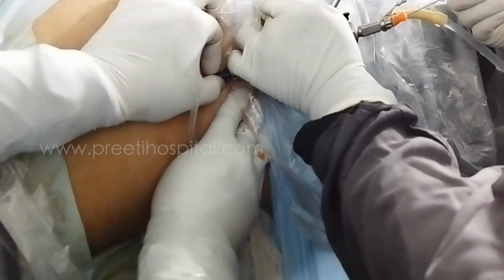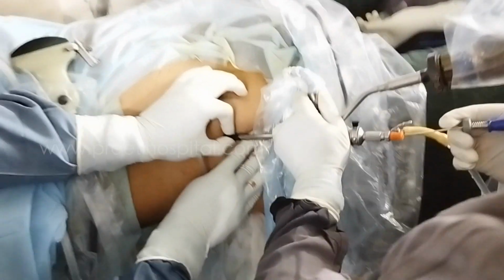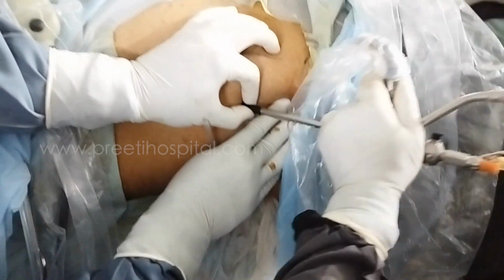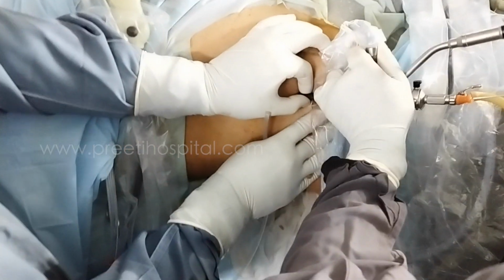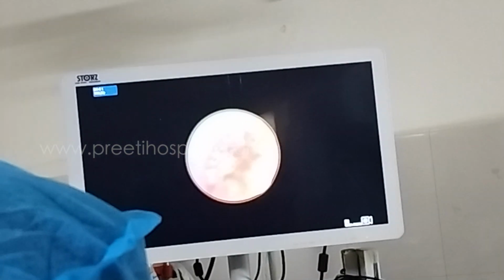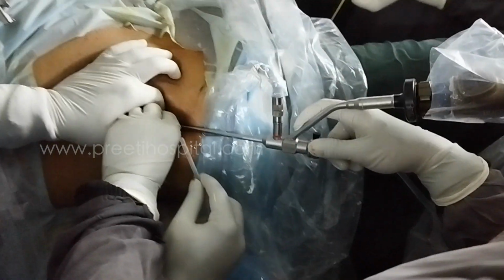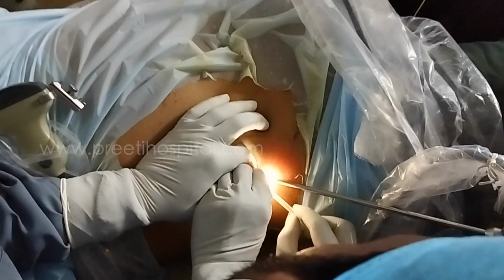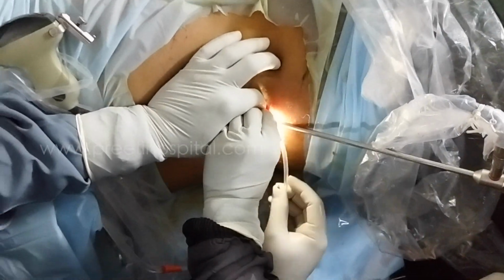Now see how many fragments have migrated. This will happen classically in a medial upper pole infundibulum. Now suction. Water flush. Suction please. Flush. Yeah. Suction. So everything you should empty.